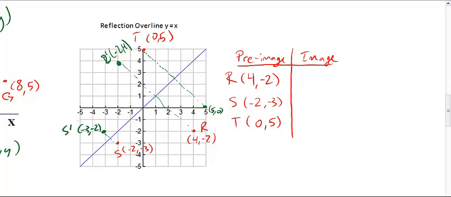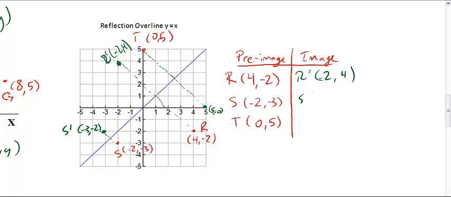So if you can't tell here, I think it's nice to make a table, or you could draw it with arrows like we do for the general idea. But let's take this down. R prime is at (-2, 4).